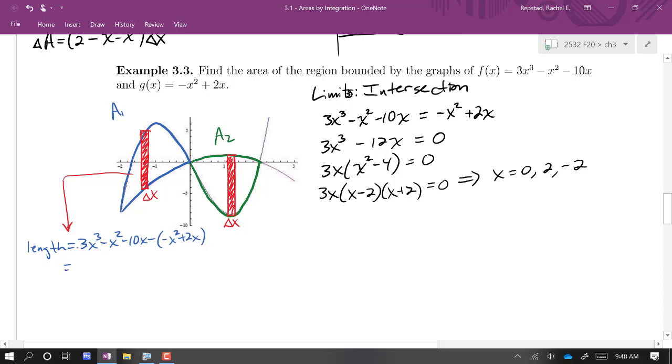That will simplify to 3x cubed minus 12x. And so delta A1 is length times width, so 3x cubed minus 12x times delta x.